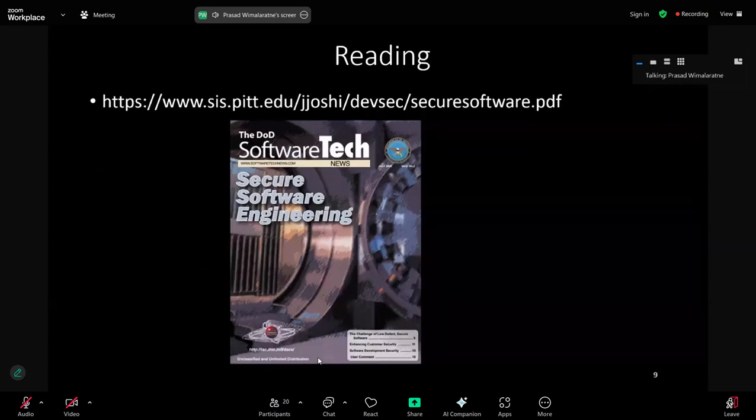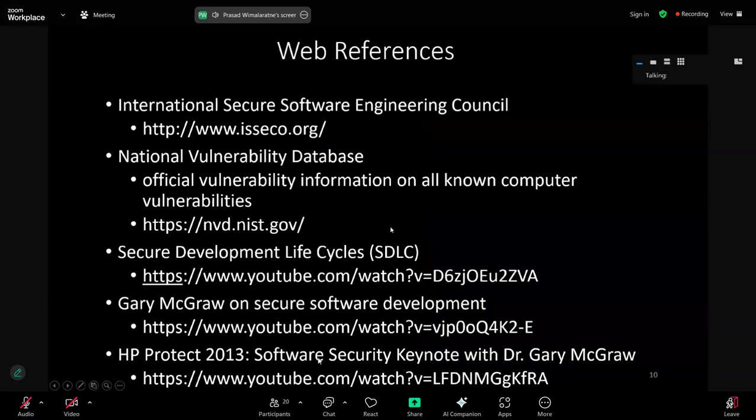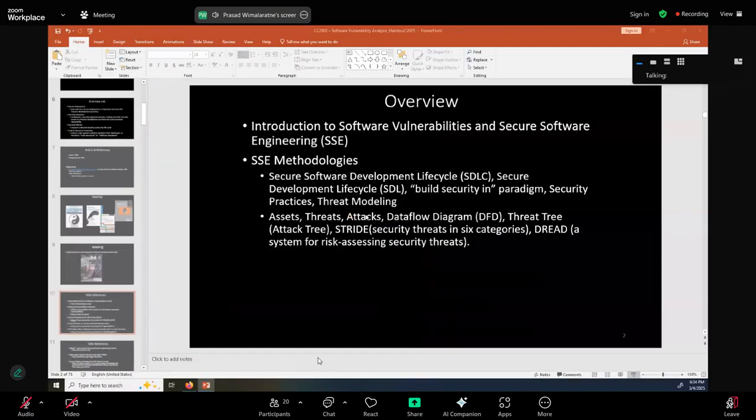And this particular article I found useful for a beginner who wants to learn along this dimension in the security domain. Let me just quickly show that as well.